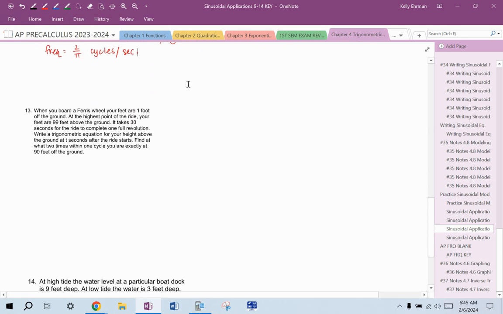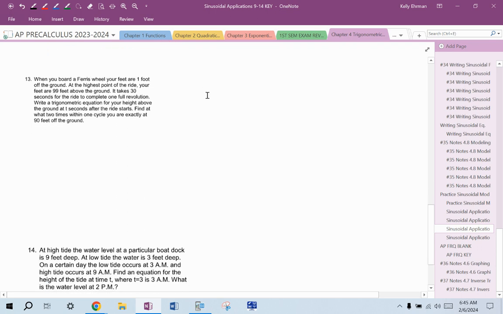Okay, number 13. When you board a Ferris wheel, your feet are 1 foot off the ground. That just sounds so weird. You're 1 foot off the ground when you board. At the highest point on the ride, your feet are 99 feet above the ground. Okay, so let's start drawing this little graph here.